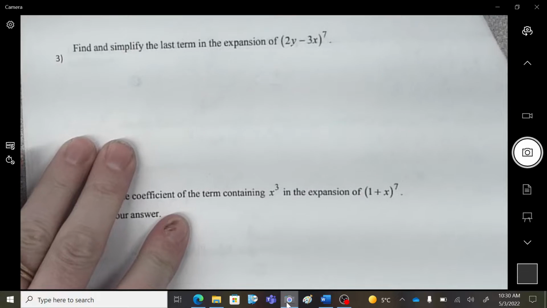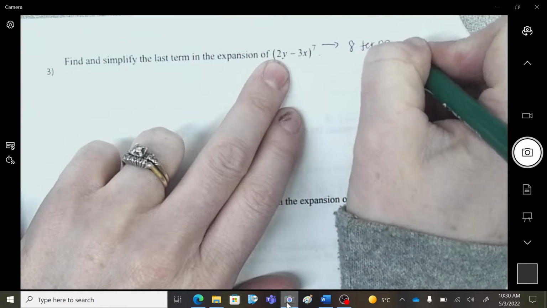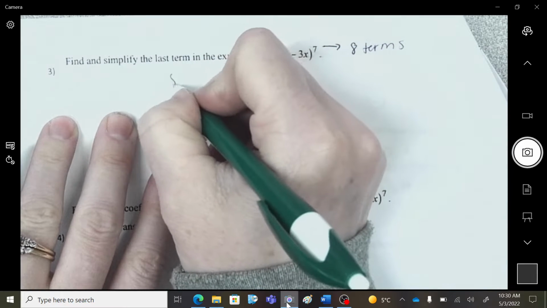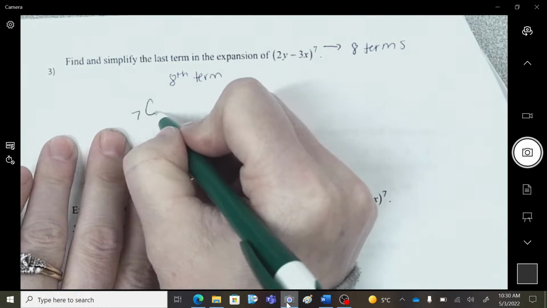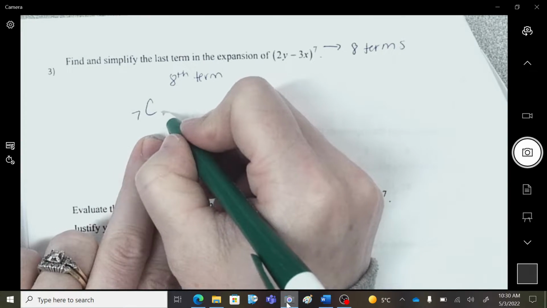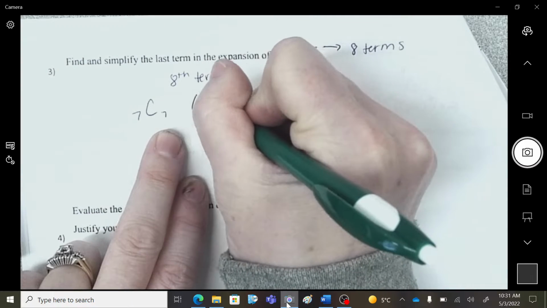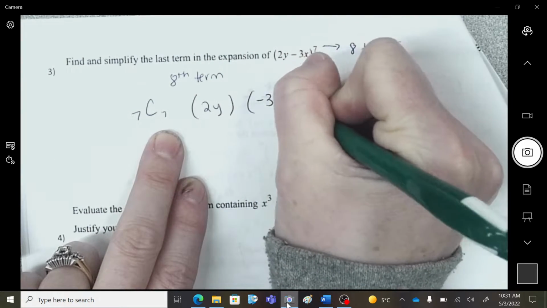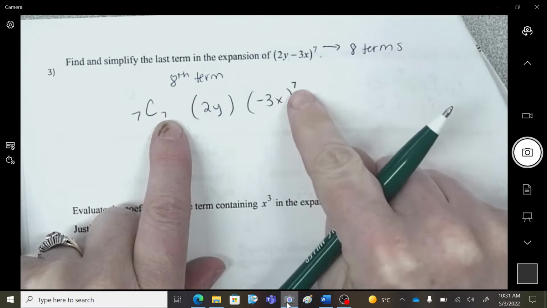The last term. Okay, so we know there are 8 terms. So we're finding the 8th term. So the 8th term means I'm going to choose a 7. The first unit is a 2y, negative 3x is the second. So this always matches that.